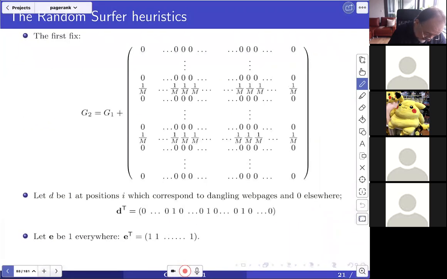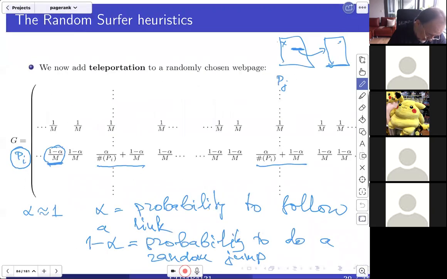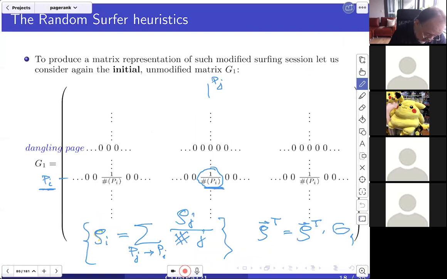Here it is. So the first starting matrix was the matrix that had zeros at all dangling web pages, because if pi doesn't point anywhere, there is no probability to jump anywhere, so you have only zeros. So the system of equations that we had simply says that rho transposed is equal to rho transposed times G1.